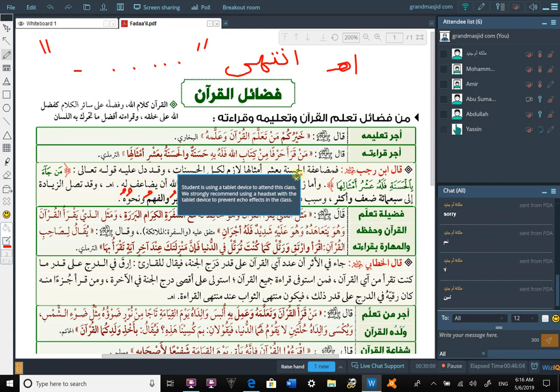And the concentration and the contemplation of what you're saying and the understanding of what you're saying, and other than that, these are the reasons for those rewards to be multiplied above 10. Are there any questions?